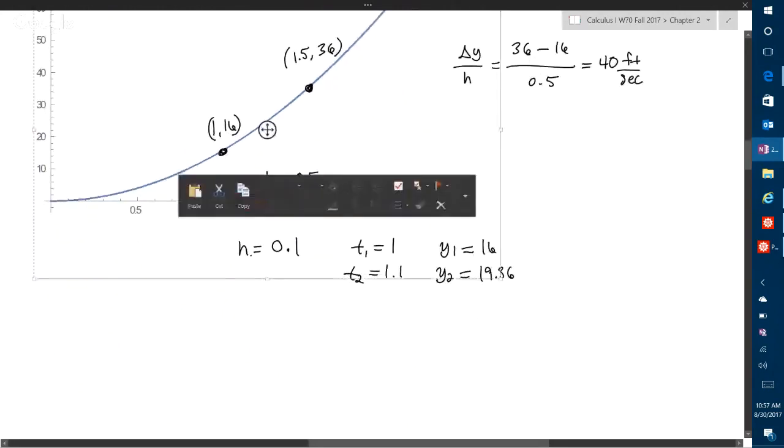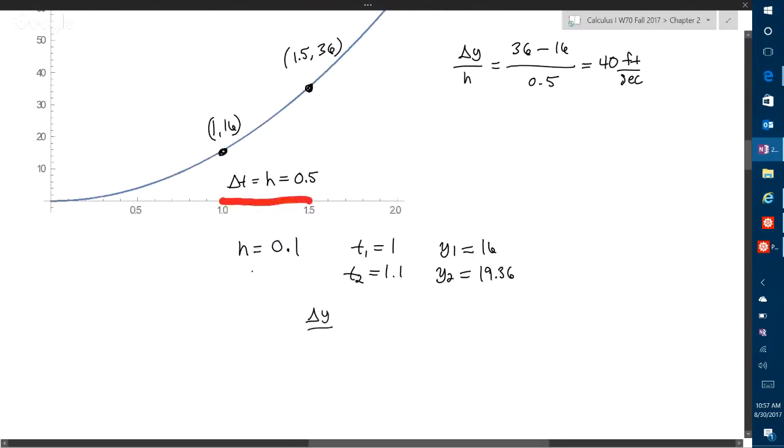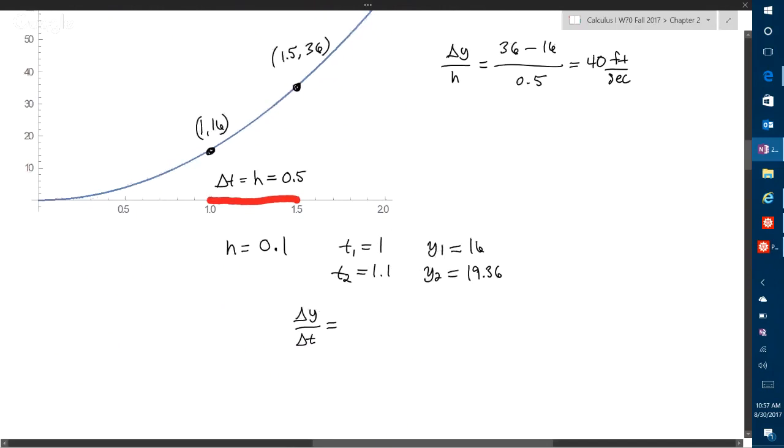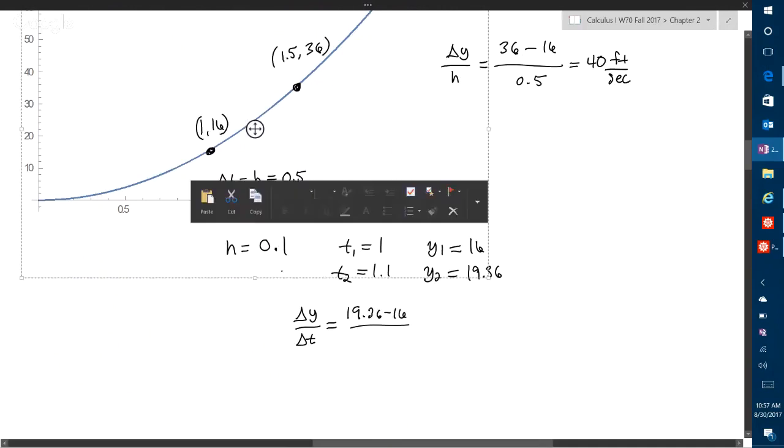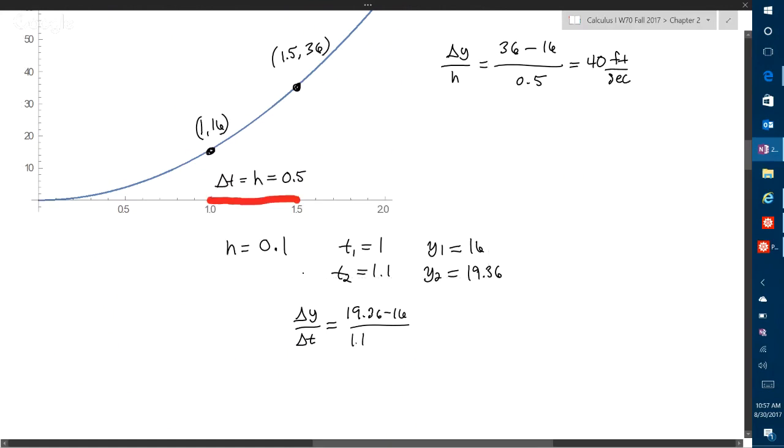So down the line here, the change in y divided by h, but h is the same as the change in t. 19.36 minus 16. T2 is 1.1, T1 is 1. Of course, we already knew that this was going to be 0.1. We specified that at the beginning, so there's no surprise there. All right, so take 19.36 minus 16 and divide that by 0.1.